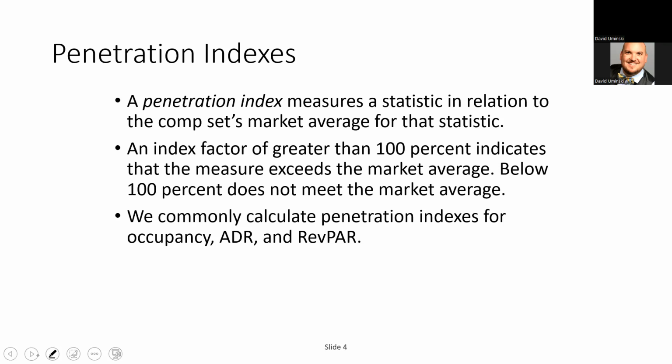We're going to find that average for each category of how the overall market performed. And then the penetration index is where we compare our percentage to that average. How did we perform compared to that average?